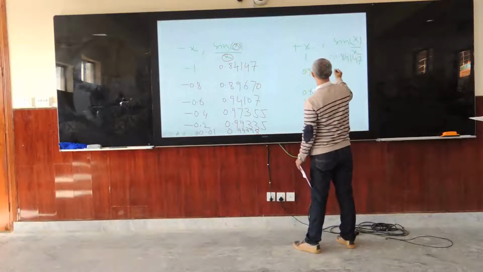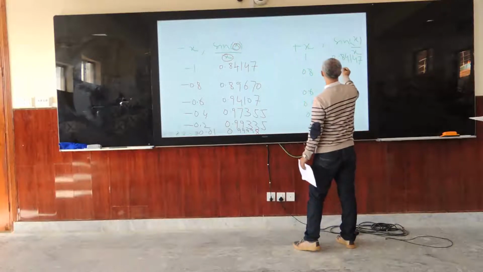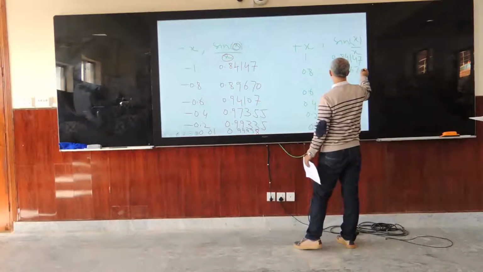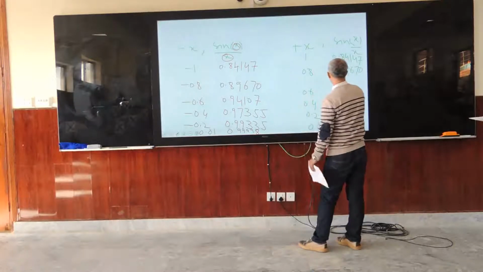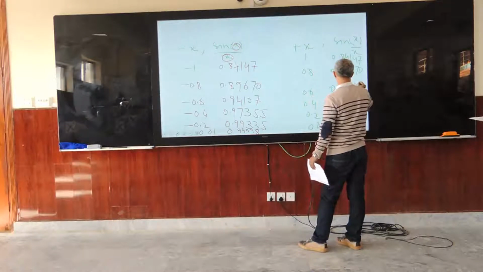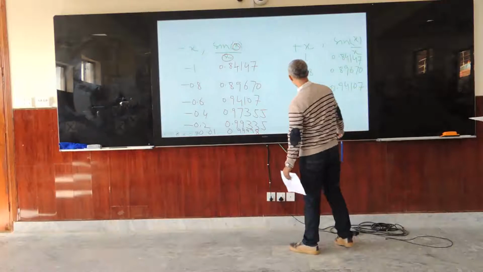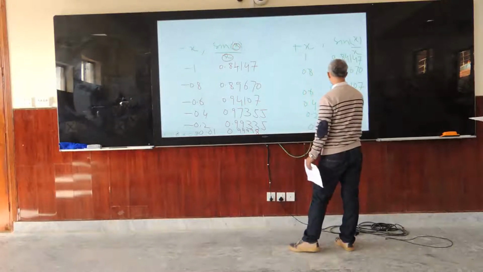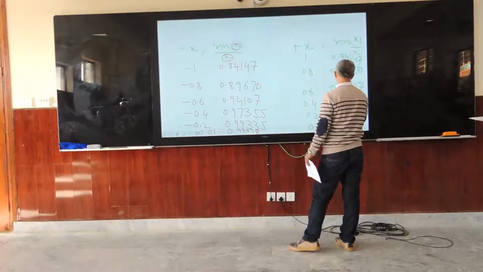For 0.8 you get 0.89670. For 0.6 you get 0.94107. For 0.4 you get 0.97355.